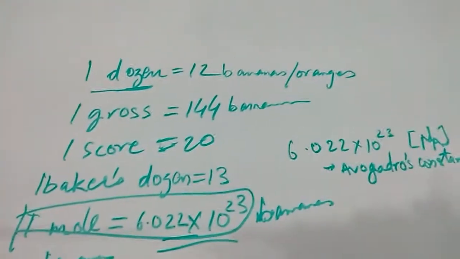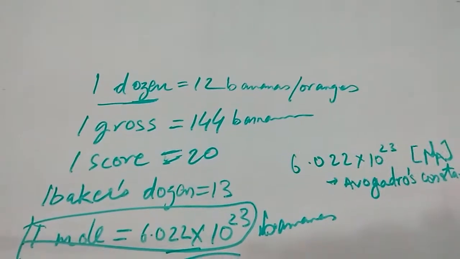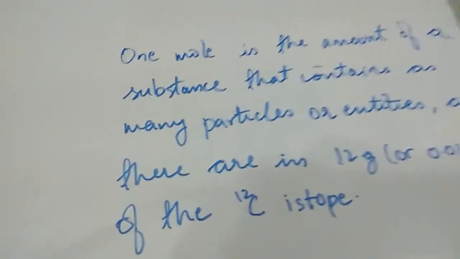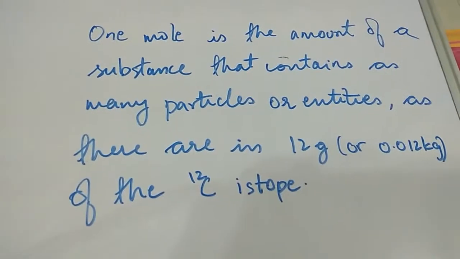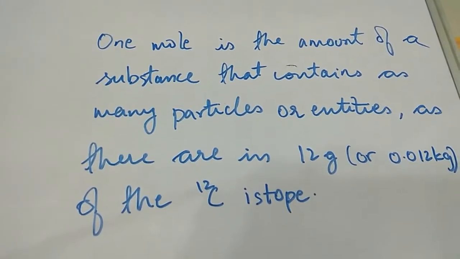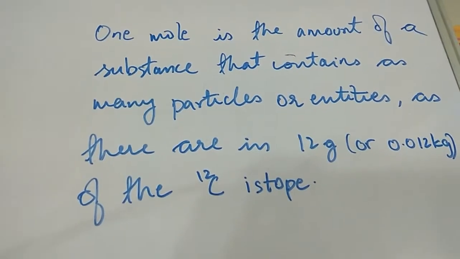Now we scratch a little and get to know more of what a mole is. Now let's see the exact definition of what is a mole. What is 1 mole? 1 mole is the amount of a substance that contains as many particles or entities as there are in 12 gram of the carbon 12 isotope.